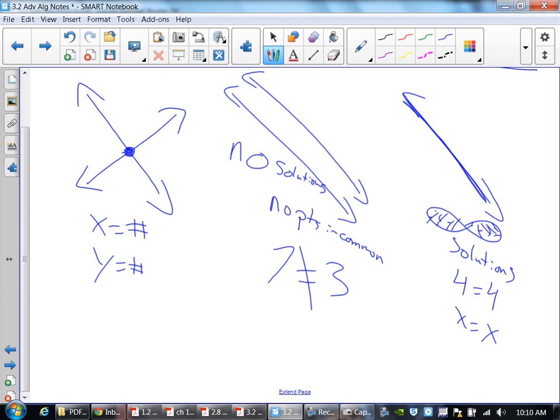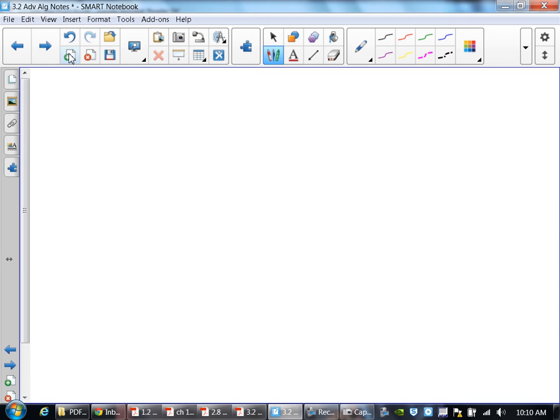So a couple of problems for you guys to do. This is section 3.2. The tab is up on the website already. Oh, I forgot my book. It is on page 153.